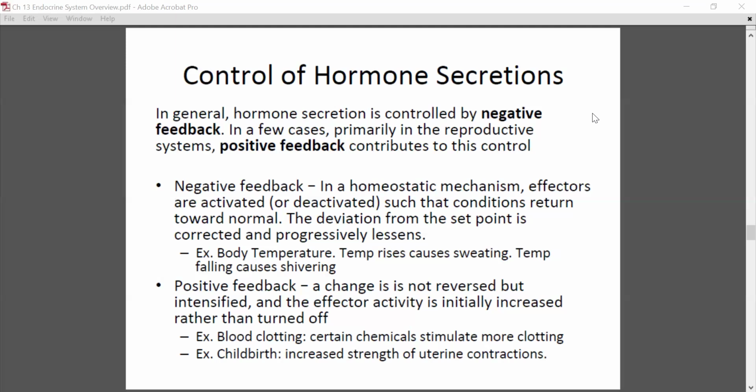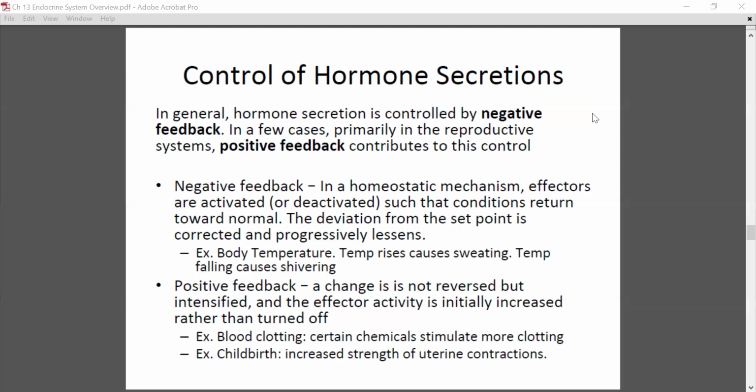That we're calling the set point. Anytime there is a deviation from that set point, again, whether it's increased or decreased, the body will then kick in to correct that because it doesn't like being outside of these normal limits. We call that negative feedback.